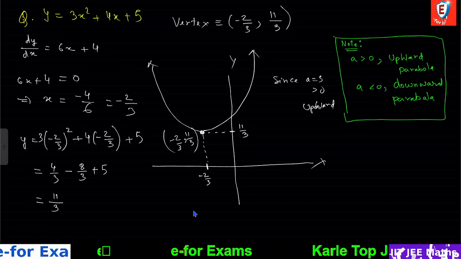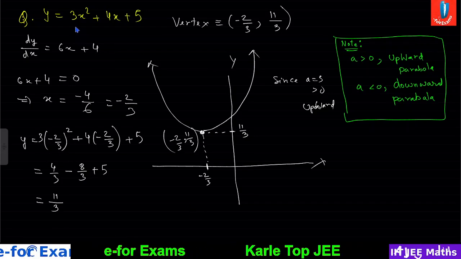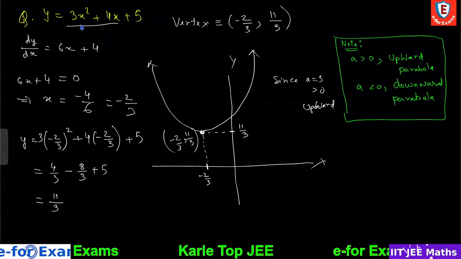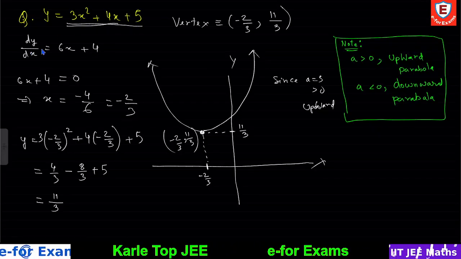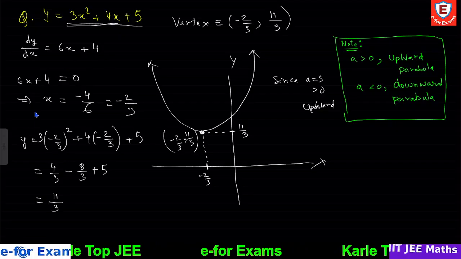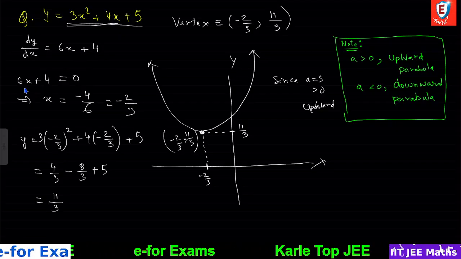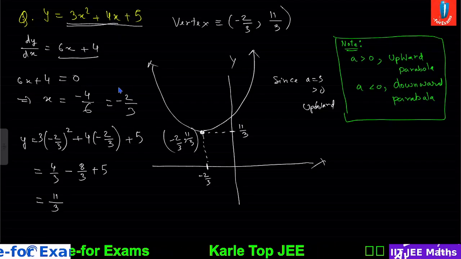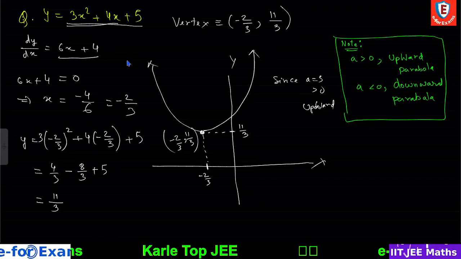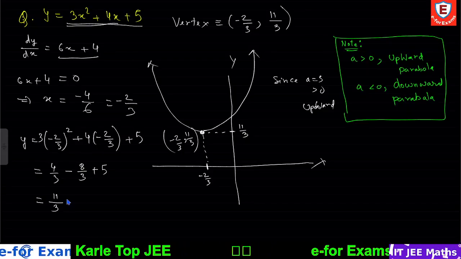It is easy, right? Should I explain again? Here the given quadratic function is this one. So differentiate. When you differentiate, you get this. Equate the differentiated value to 0. Then you get the value of x. Now put the value of x into the given function. You get the value of y.